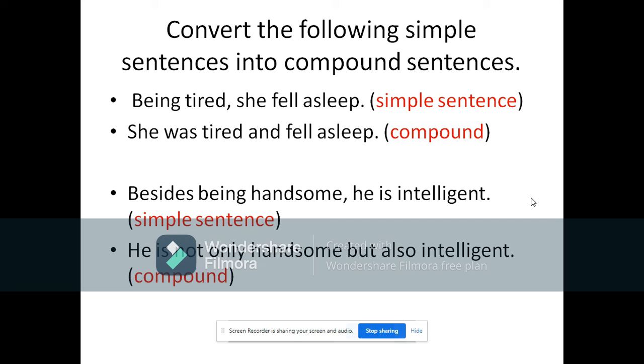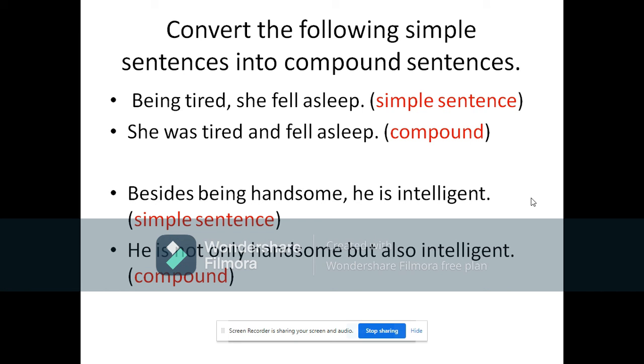She was tired and fell asleep. അപ്പോൾ കോമ്പൗണ്ട് സെന്റൻസ് ആകുമ്പോൾ രണ്ട് മെയിൻ ക്ലോസ്, രണ്ടോ അതിലധികമോ മെയിൻ ക്ലോസ്. She was tired. It is a main clause. She fell asleep. It's also a main clause.